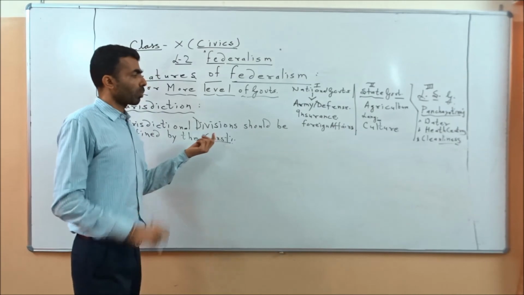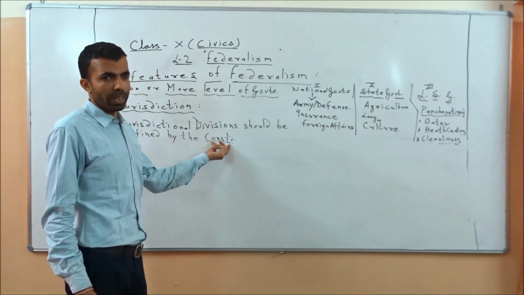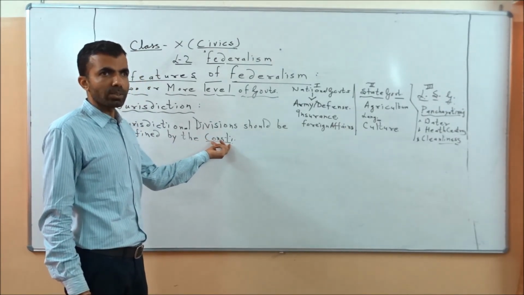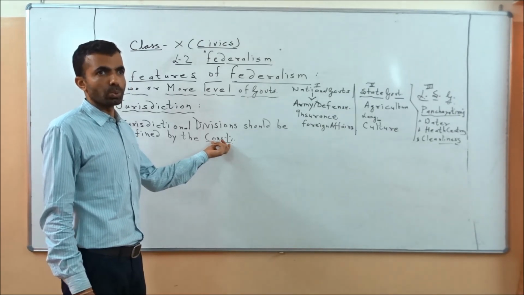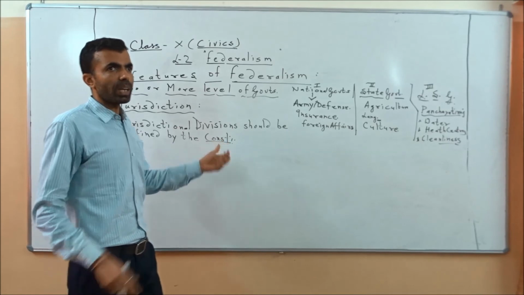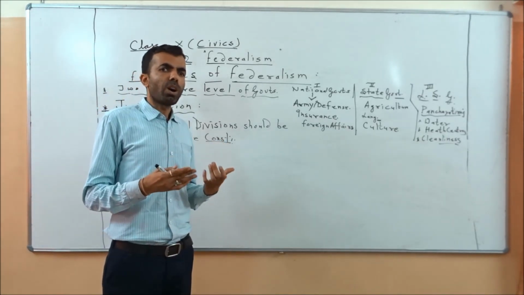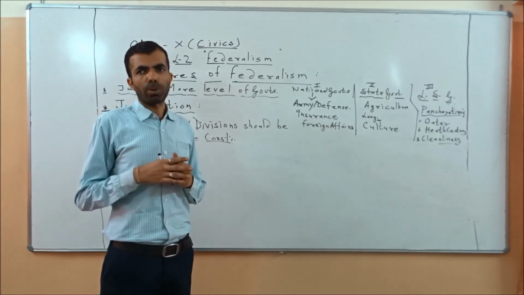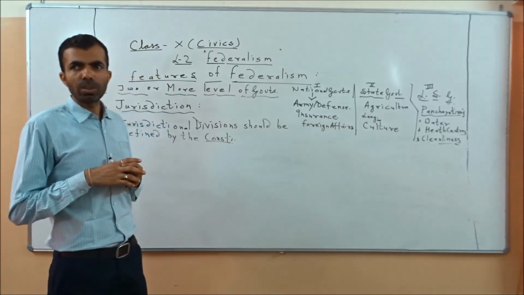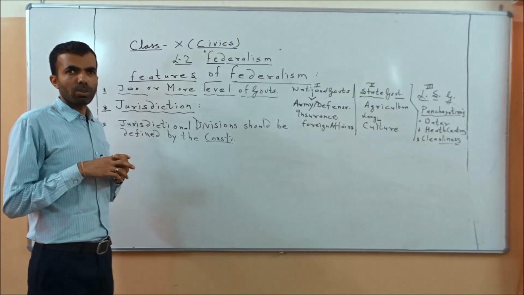Okay, so this is very important in resolving the conflicts regarding the federalism, regarding the federal issues. Okay, and this would be a feature of ensuring the administration more smooth, more appropriate.